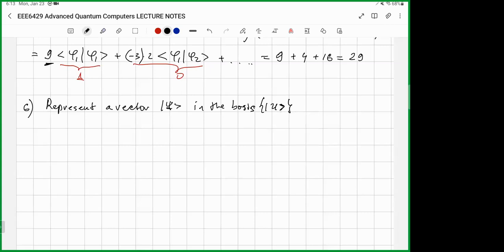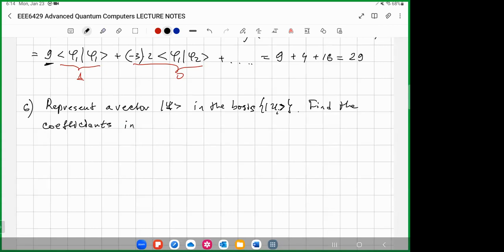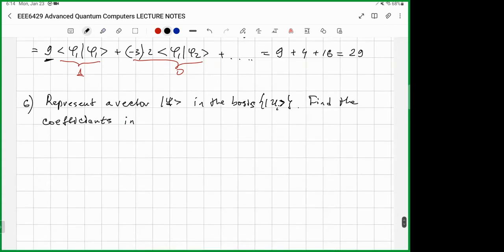So this is our basis. Find the coefficients. Basically projections, right? Projection coefficients in the bra and ket representations.